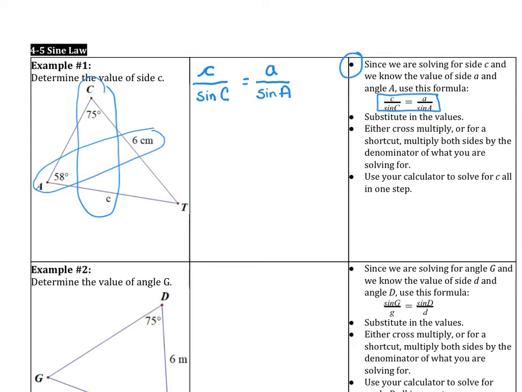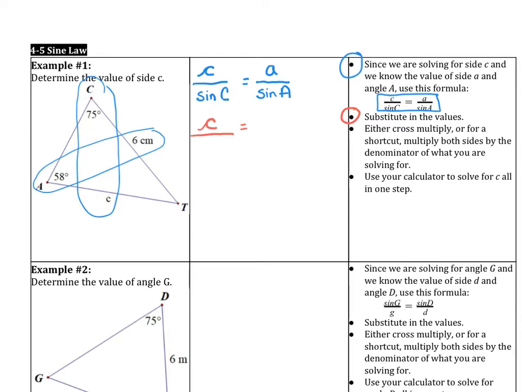The next step is to substitute in the values. Line up your equal signs. So we don't know what little c is, which is side c, but we do know that angle C is 75 degrees.